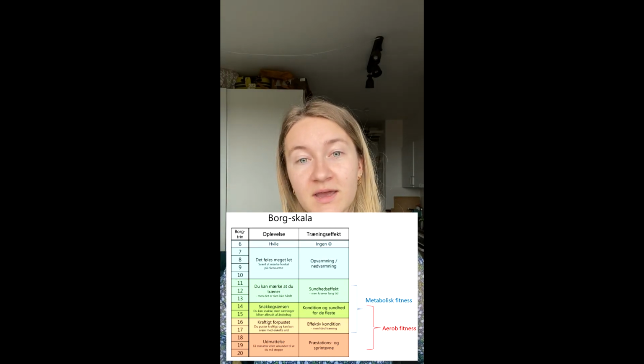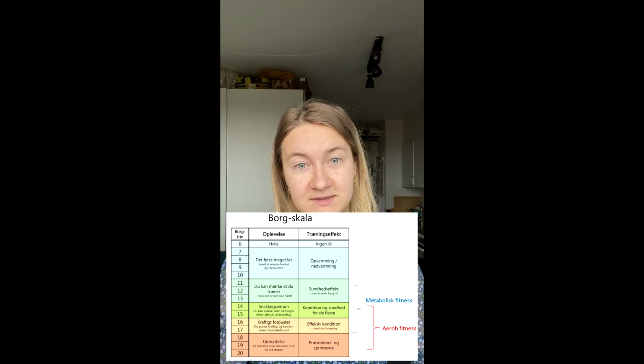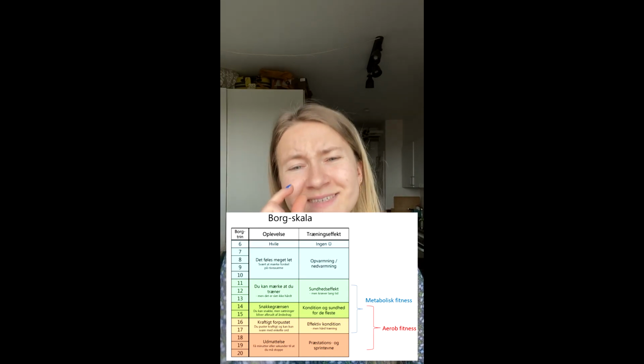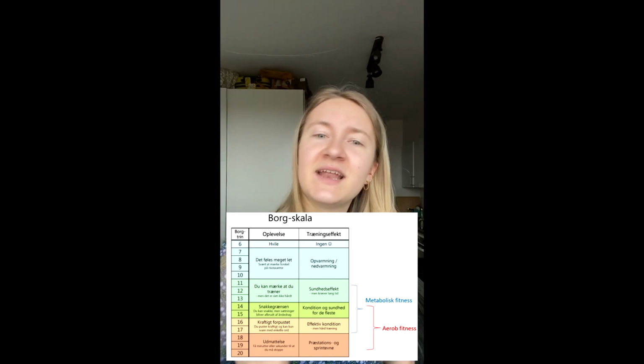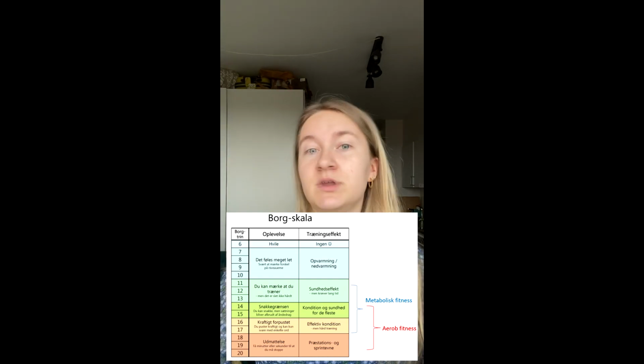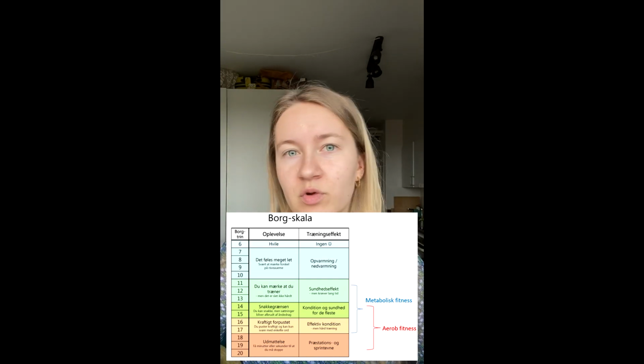If you're working at light intensity, that means that you're at a 10 to 11 and that you are just slightly out of breath when you're doing your activity, but you can have a whole conversation, no problem.